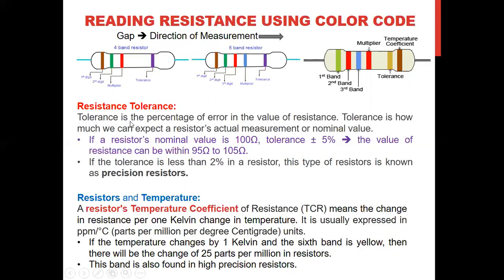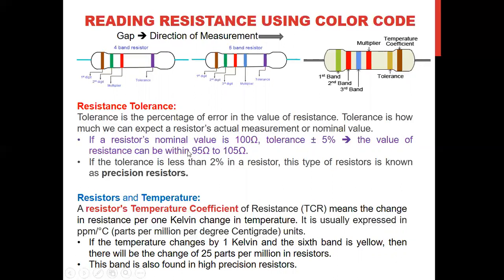For example, if a resistor's nominal or measured value is 100 ohm and the tolerance is plus minus 5%, the value can be more than 100 or less than 100. So let's see what the actual value of this resistance is.